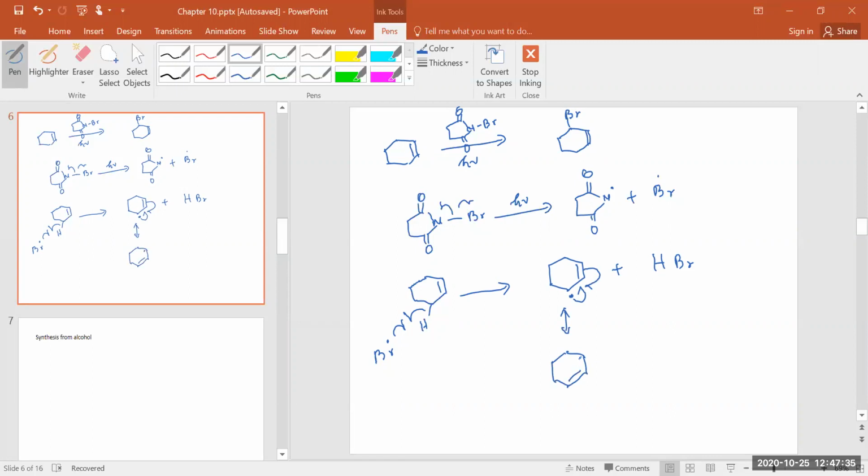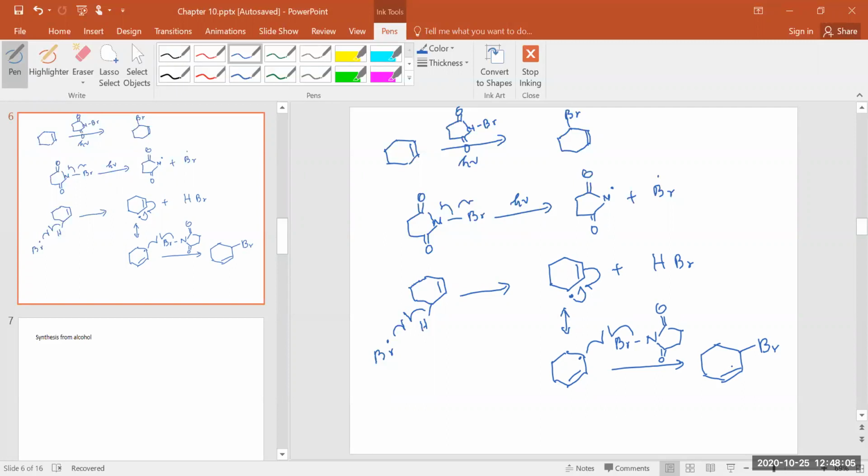This is the key. Okay, allylic free radical forms a resonating structure. Now this can react with another N-bromosuccinimide to form the product. Okay, so this is the example.